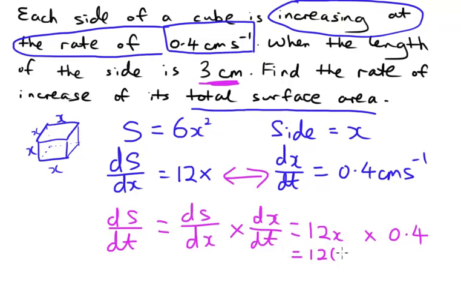So 12 times 3 times 0.4. So you just plug into your calculator and see what the answer is. And you get 14.4 cm squared per second, because it is surface area and then per second. So that is the rate of increase of its total surface area.